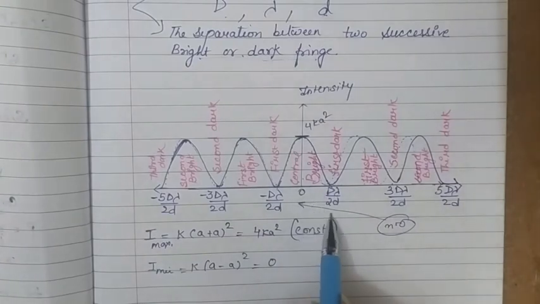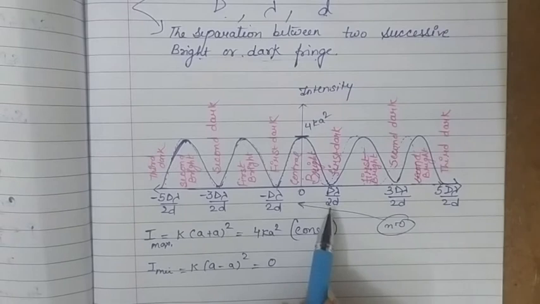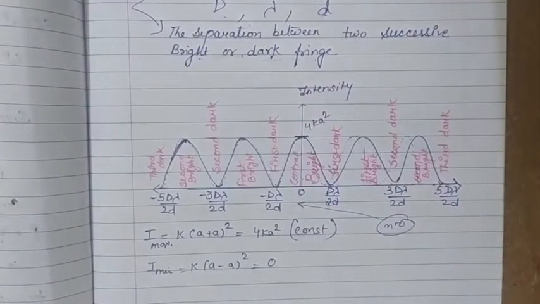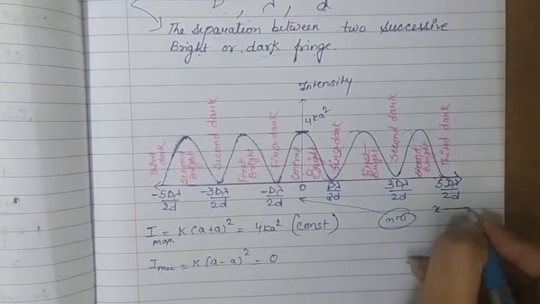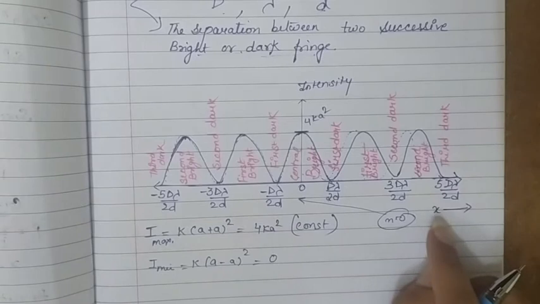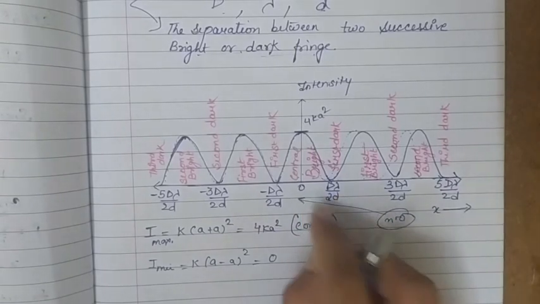These are the positions, the values of x, at which we get these fringes. On the x axis, the horizontal axis, we have represented x, which is the distance of the fringe from the center O.